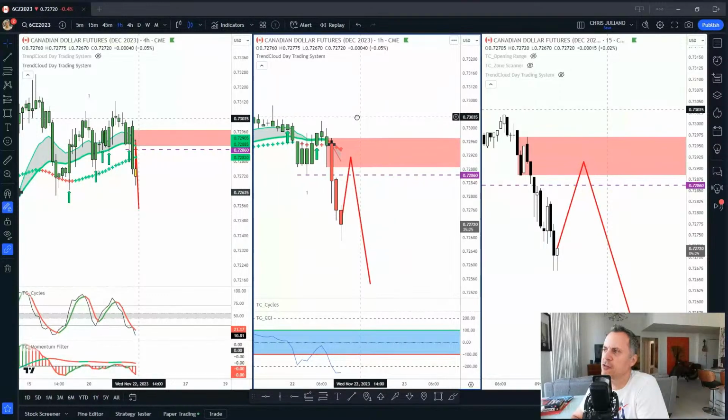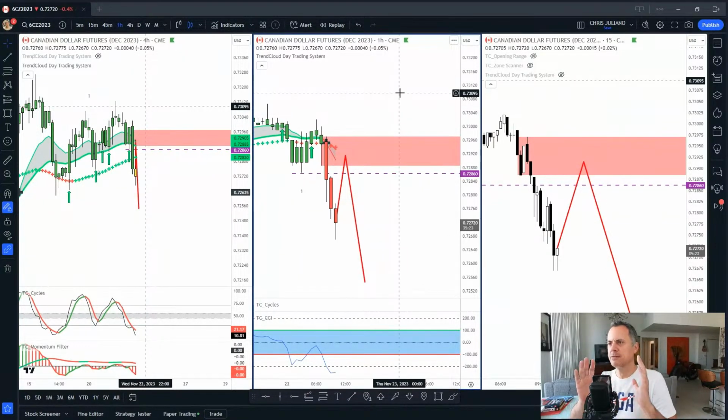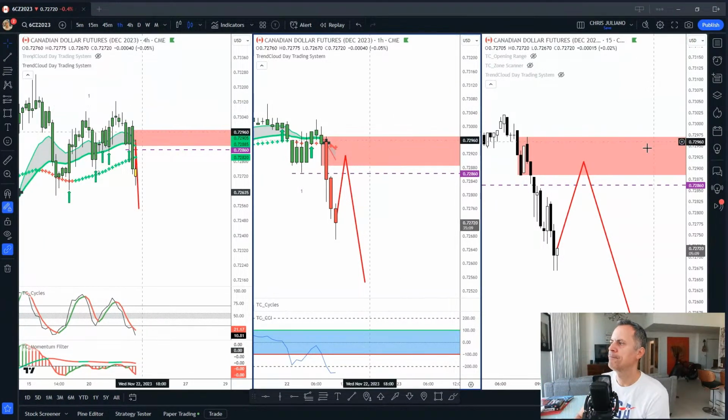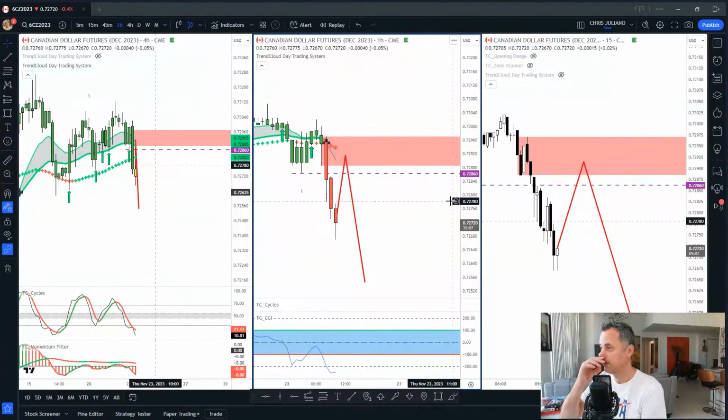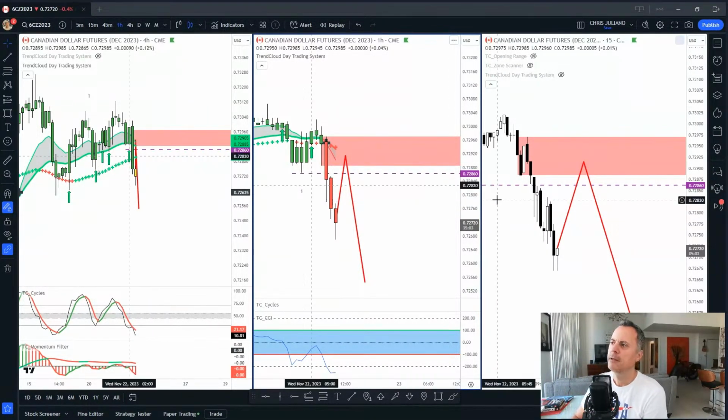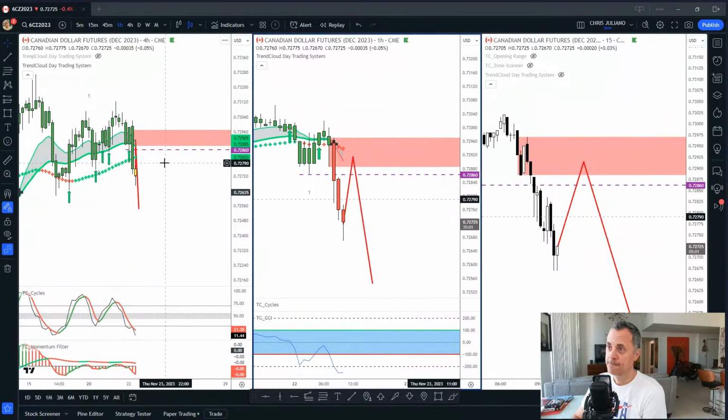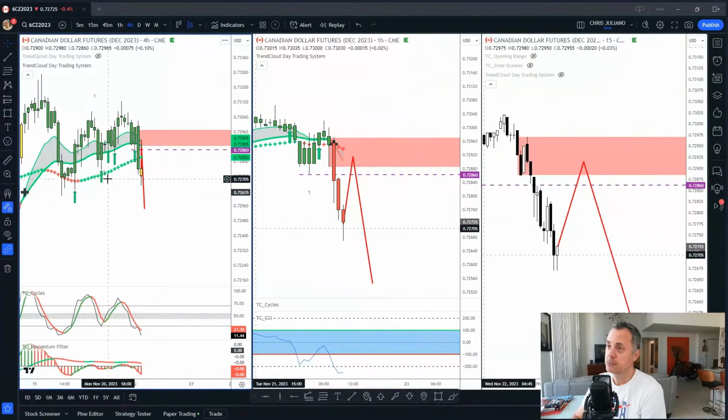And that gives you a timed approach to your trading. Like first this happens, then this happens, then this happens. So if you use 3 time frames, you're going to be able to see that minute by minute execution of the trade.